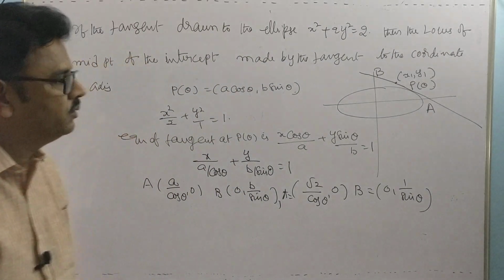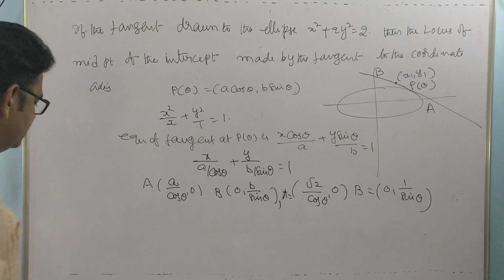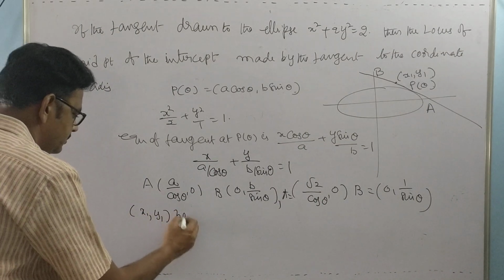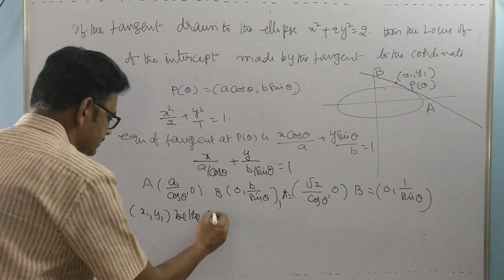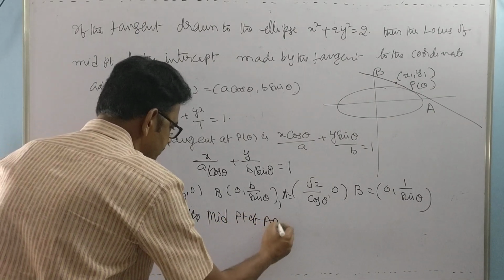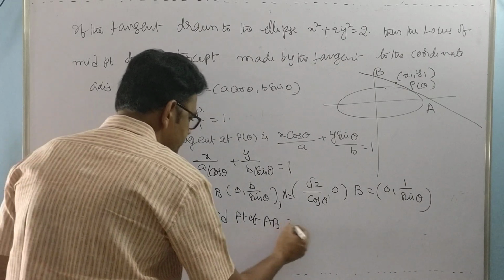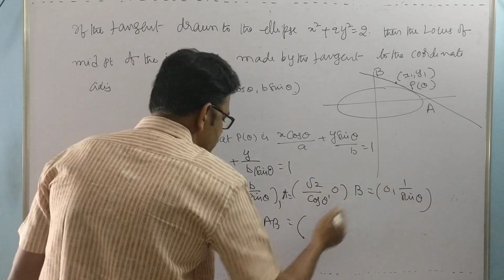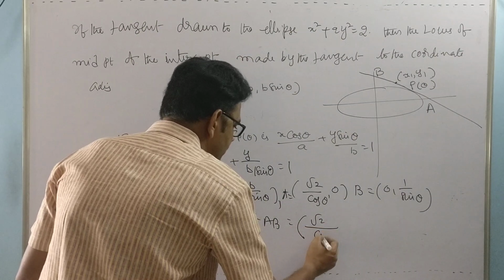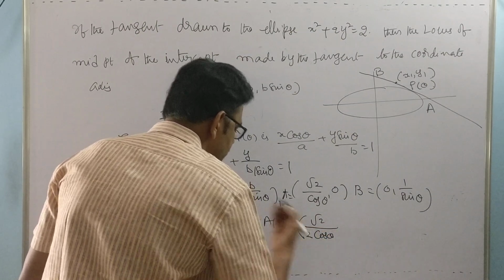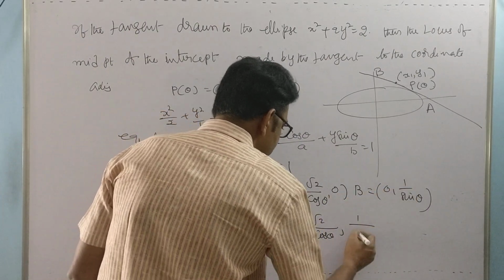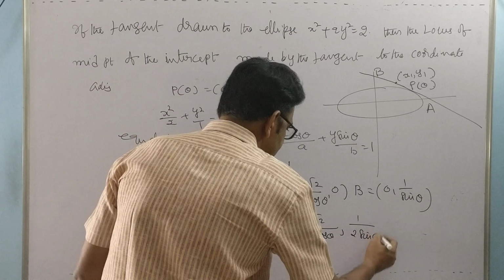Now we have to find the locus of the midpoint of AB. Here let x1, y1 be the midpoint of AB. The midpoint of AB is (x1 plus x2 by 2), that is root 2 by cos theta by 2, comma (y1 plus y2 by 2), that is 1 by 2 sin theta.